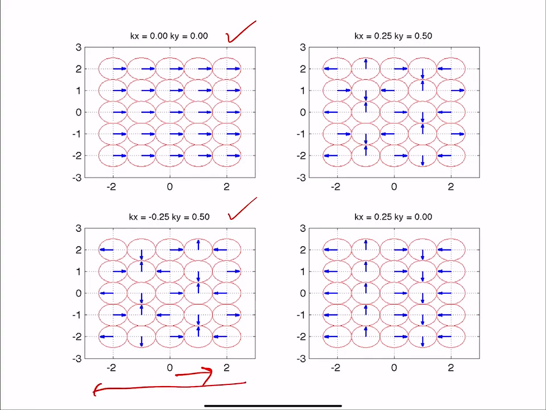The spins going this way, you can't really tell, but for this example, they're rotating clockwise, and the period is 2. So in this example, ky equals 0.5 and ky equals minus 0.5 give you the same answer, just because of how I sampled it. All right.